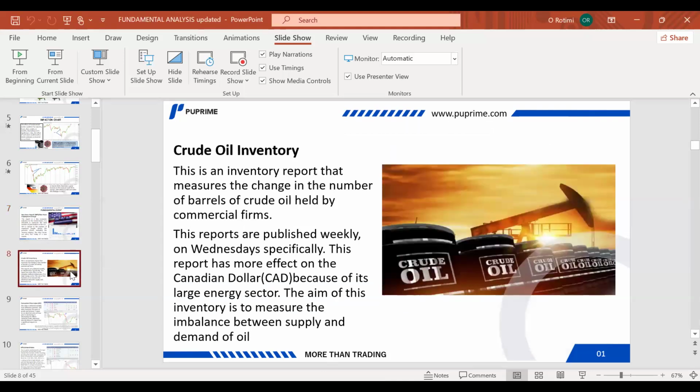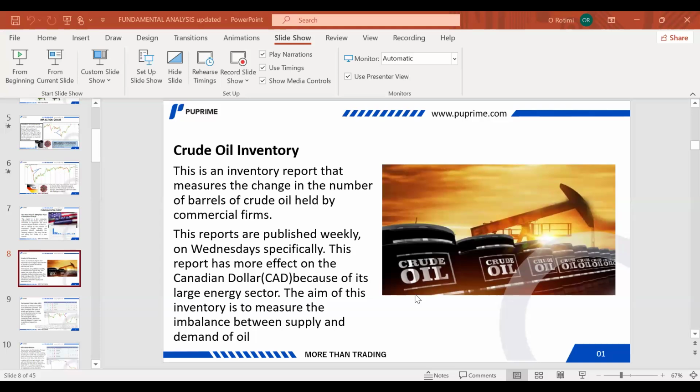Now, another tradable event is what we call the crude oil inventory. This is an inventory report that measures the change in the number of barrels of crude oil held by commercial firms. These reports are published weekly on Wednesday specifically. This report has more effect on the Canadian dollar because of its large energy sector.